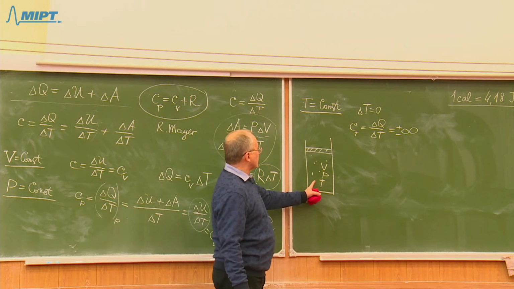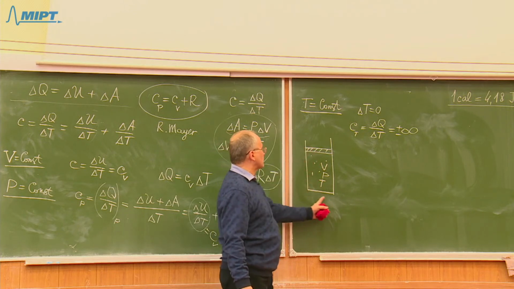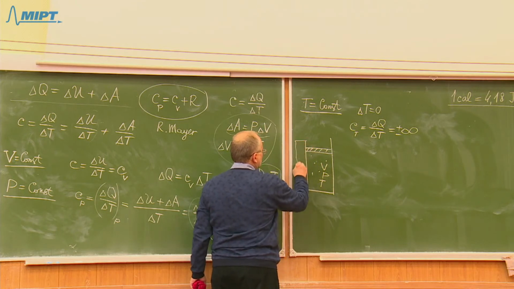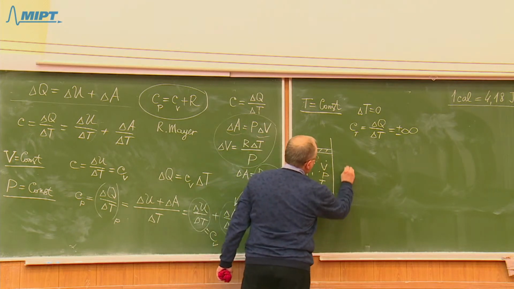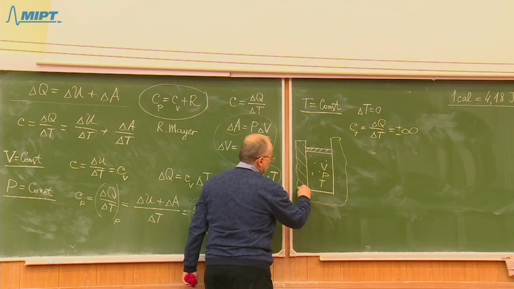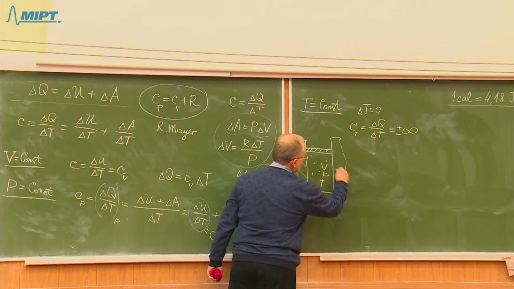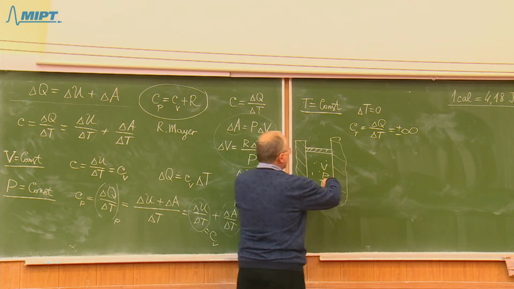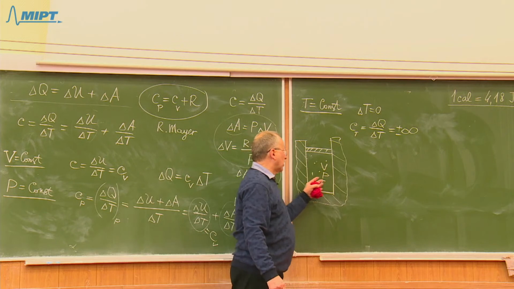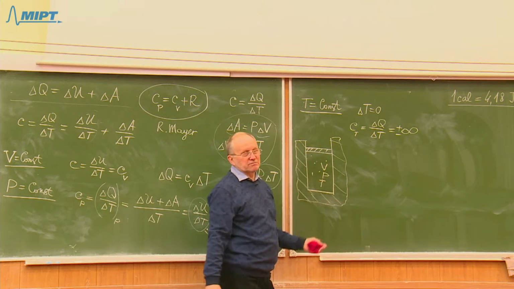And consider such a situation when the walls of this cylinder are very thick. And this material is heat insulating material, so that the heat cannot penetrate and cannot go through the walls of this cylinder.